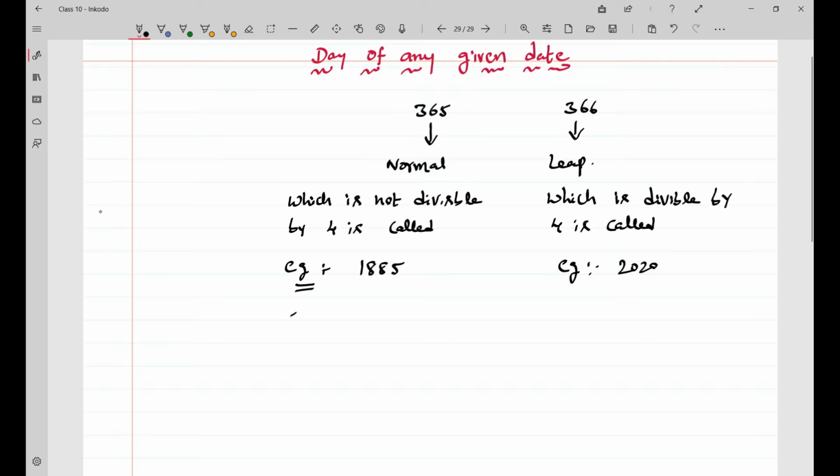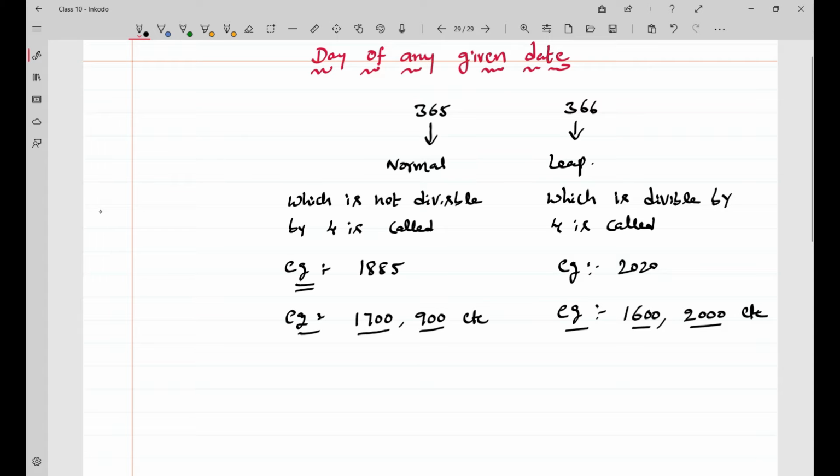For example, 1700, 900, etc. If the given century year is divisible by 400, then that is a leap year. For example, 1600, 2000, etc. These two are divisible by 400, so they are leap years.